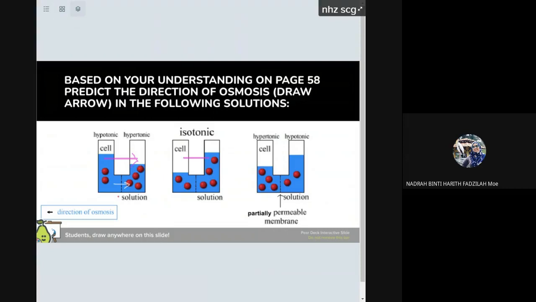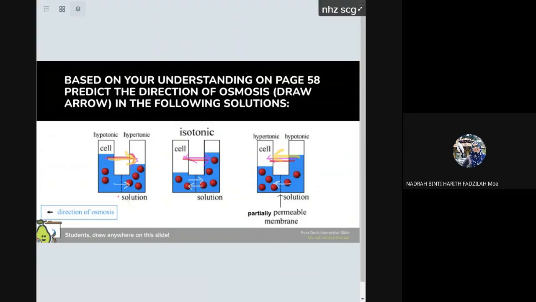Okay, sekejap, saya nak tengok ada yang tak masuk lagi tak? Okay, so arrow tu anak-anak, arrow tu kita tulis across the plasma membrane, across the partially permeable membrane.